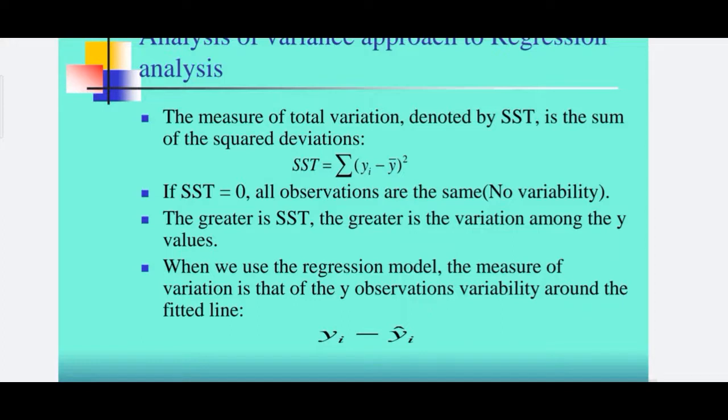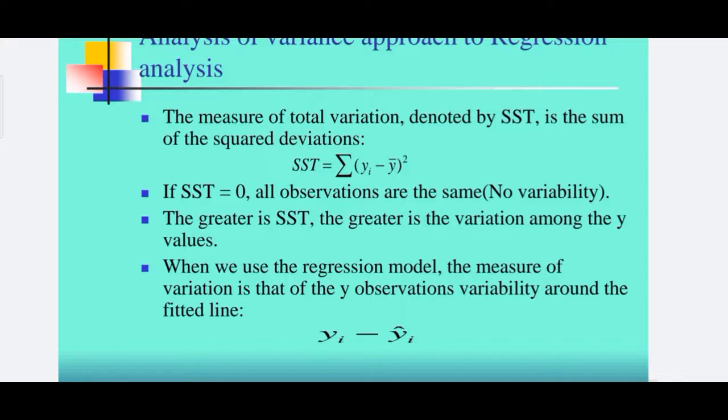Because of that, the greater is SST, the greater is the variation among the y values. So the deviation between the observation, if you can imagine from the illustration just now, the observation and the vertical line y bar are far apart. So its variation will be greater.